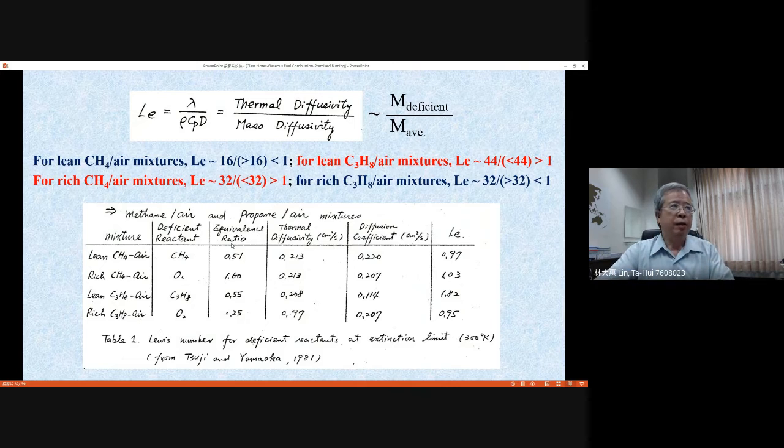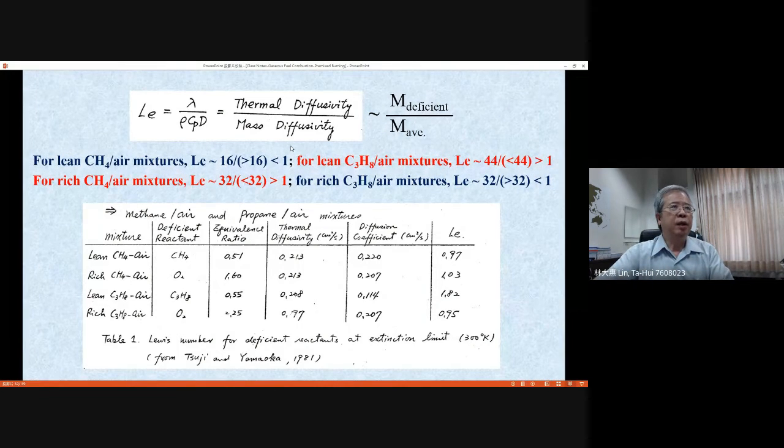Now we go back to the basic definition of the Lewis number. The Lewis number is equal to lambda divided by rho C_p D. Lambda divided by C_p is the thermal diffusivity, and rho D describes the mass diffusivity. They tell you there are two strengths of diffusivity compared and presented as a Lewis number.